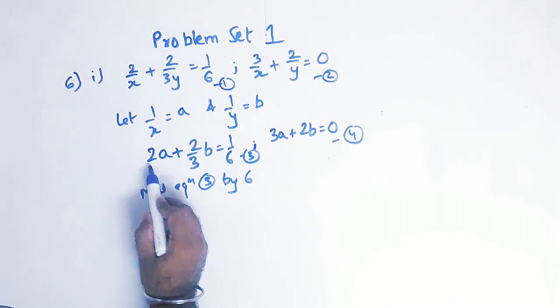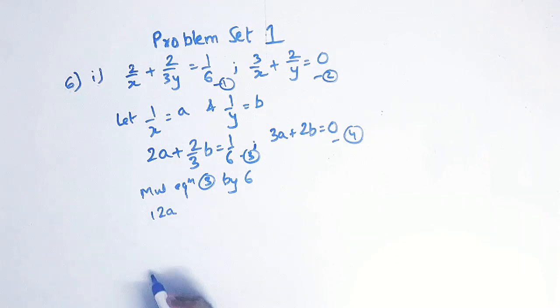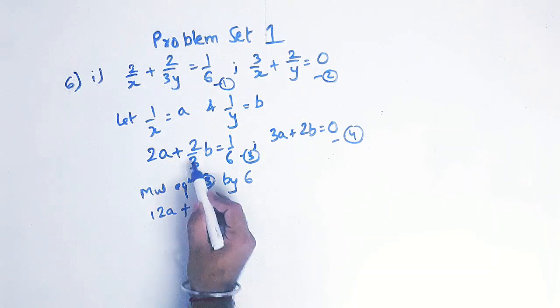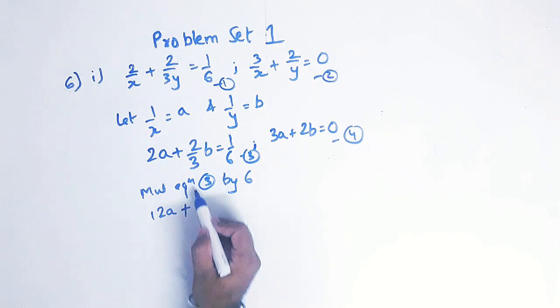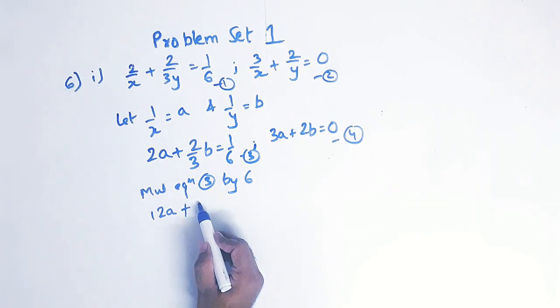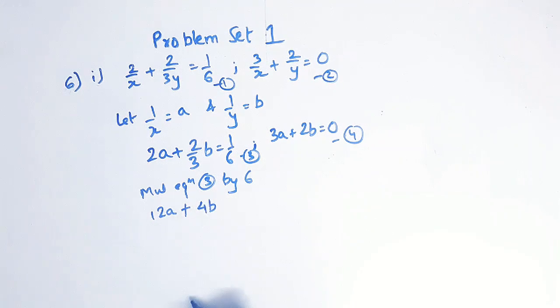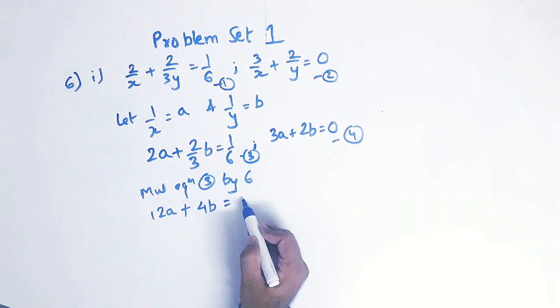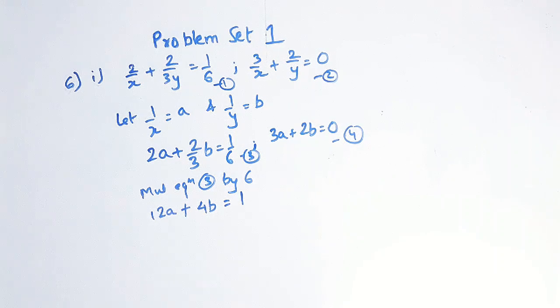What will we get? This will become 12a plus this will become 2 into 3 into 6, so this will become 4b. And the 6 will get cancelled, this will be 1.